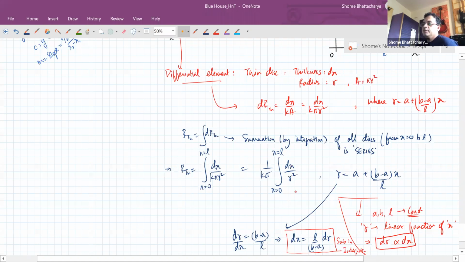It will be a dr upon r square kind of integration, which is a one-step integration. Nothing difficult about that.